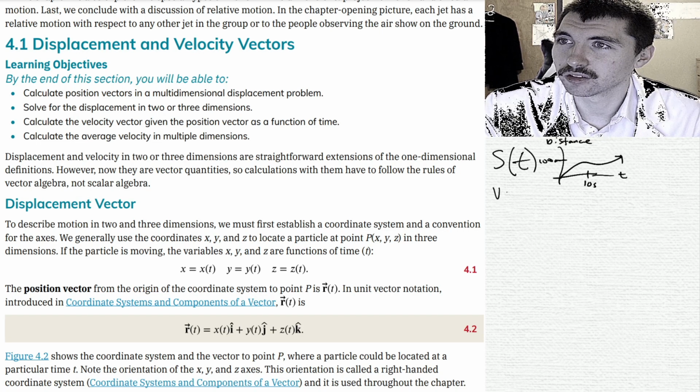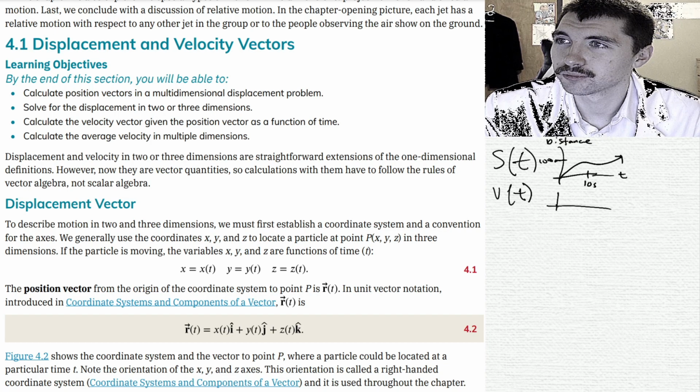And then your velocity of t is going to be how fast this is changing. If you're rising, it means you're picking up speed. It's going to be pretty similar when you decrease speed.